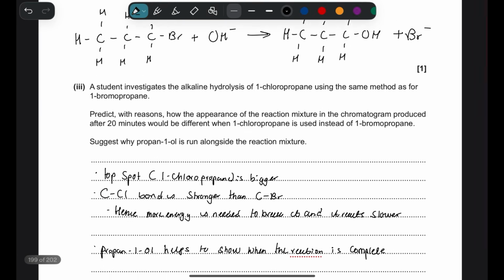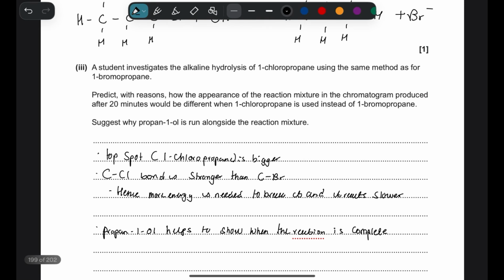The main difference between bromopropane and chloropropane is going to be the strength of the chlorine to carbon bond or the bromine to carbon bond. Chlorine has a smaller atomic radius than bromine, so it's going to have a stronger bond, which is going to be harder to break, so it's less reactive.